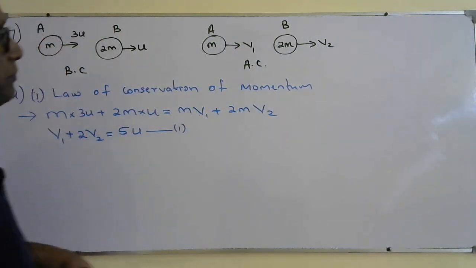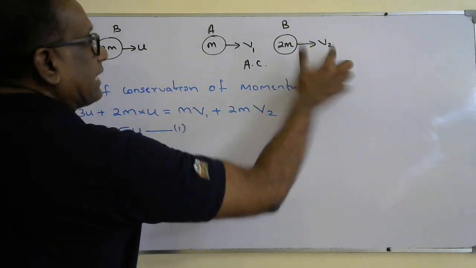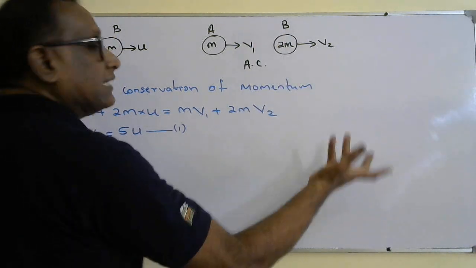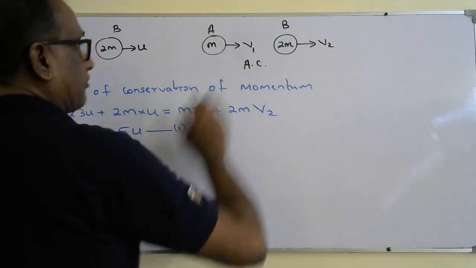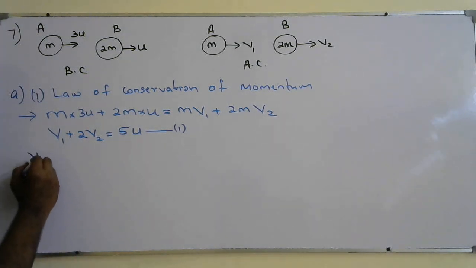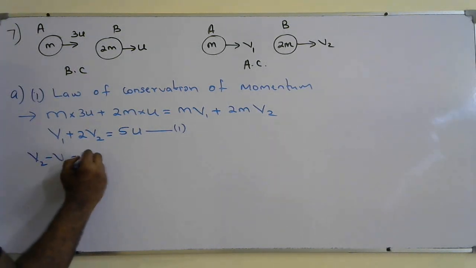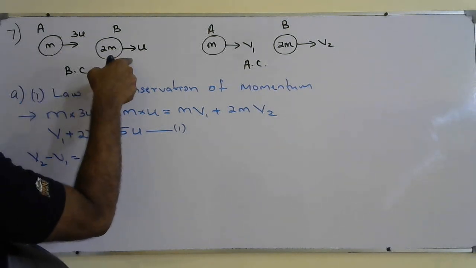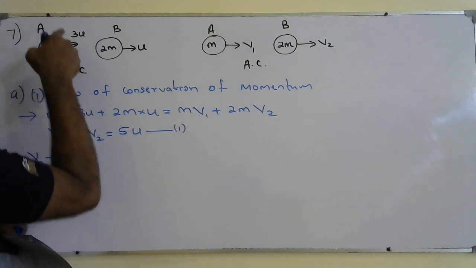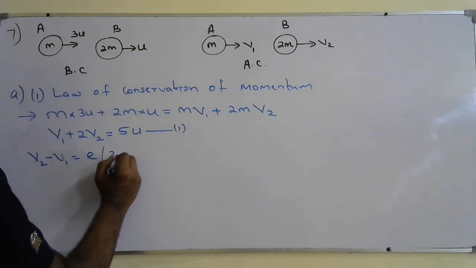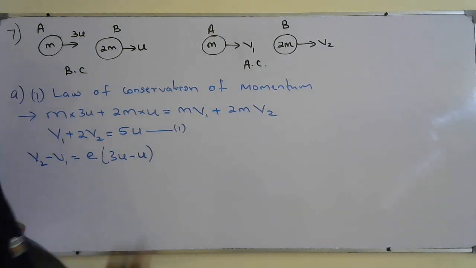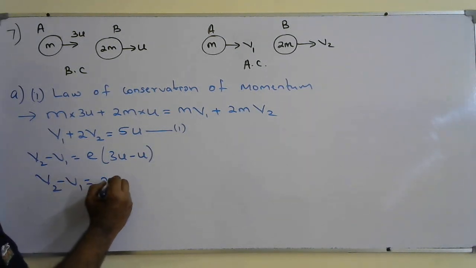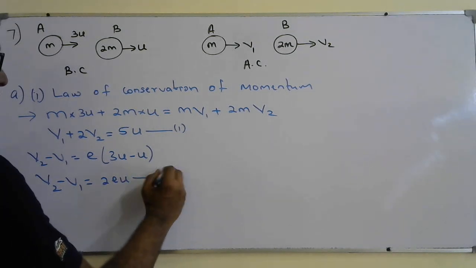So speed of separation after collision means v2 is greater than v1, otherwise this will hit it again after collision. So v2 greater than v1. So speed of separation v2 minus v1 is equal to e into speed of approach, which is relative speed of 3u minus u. So v2 minus v1 is equal to 2eu, second equation.